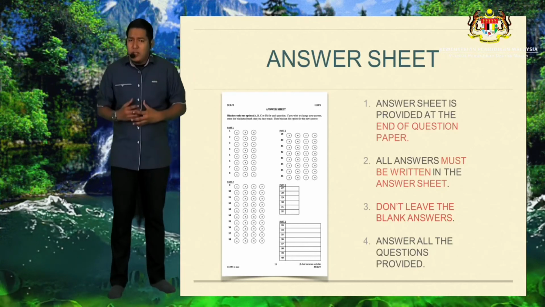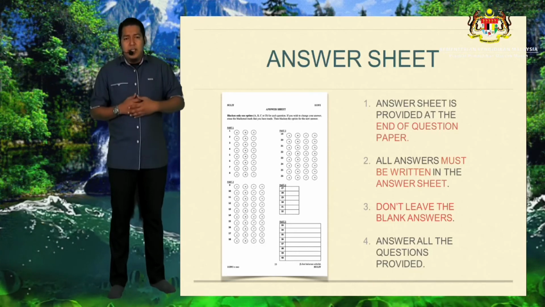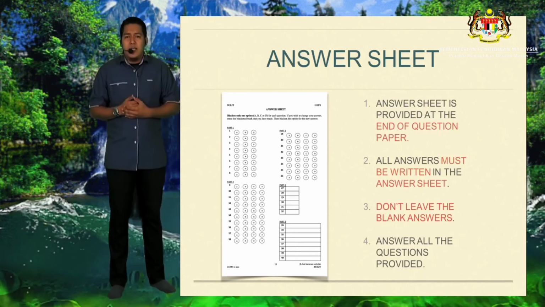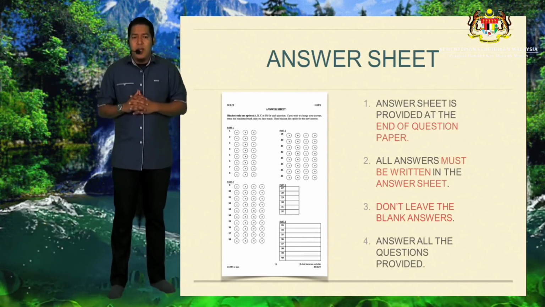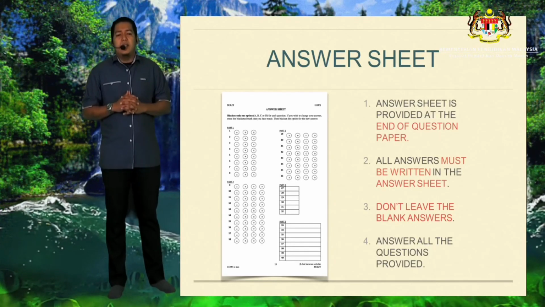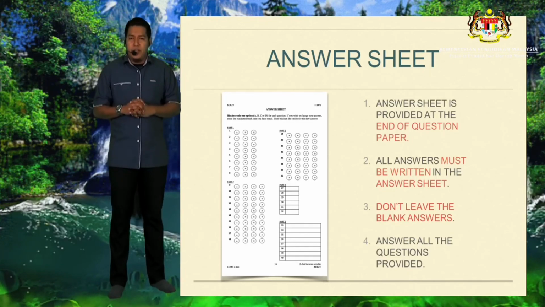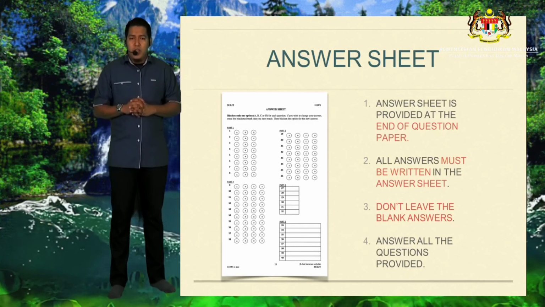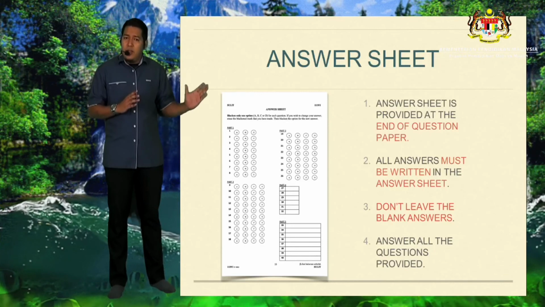If you don't have any ideas or any answers, just try to answer it. Don't leave blank answers. And the fourth one is answer all the questions provided. Okay? So make sure that you get this answer sheet and answer all the questions here.